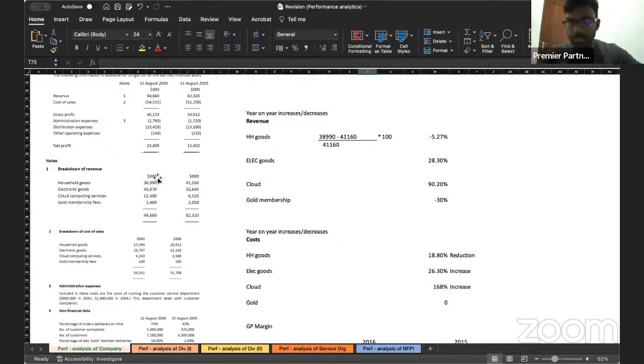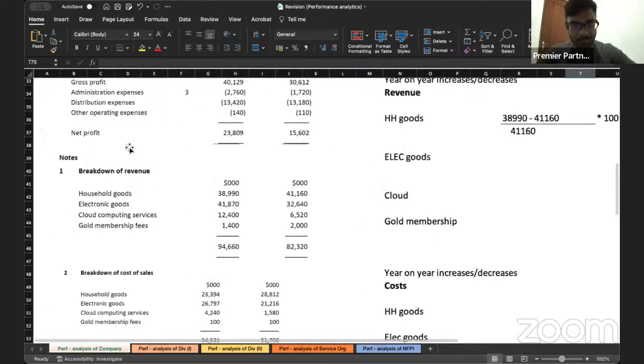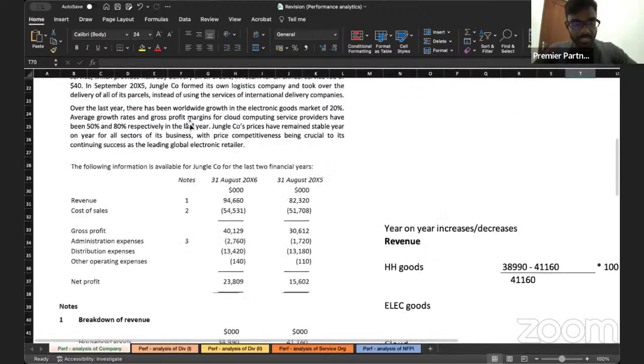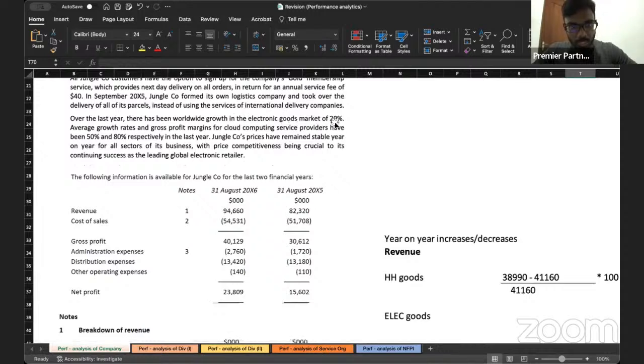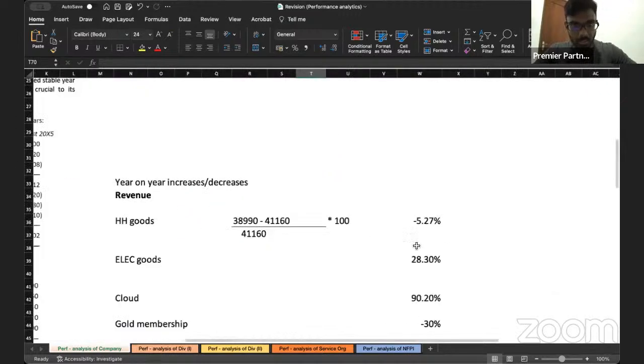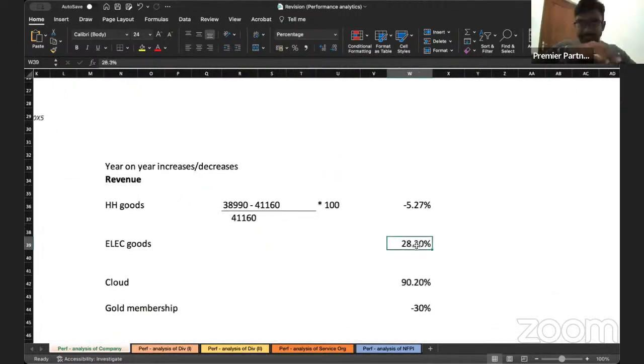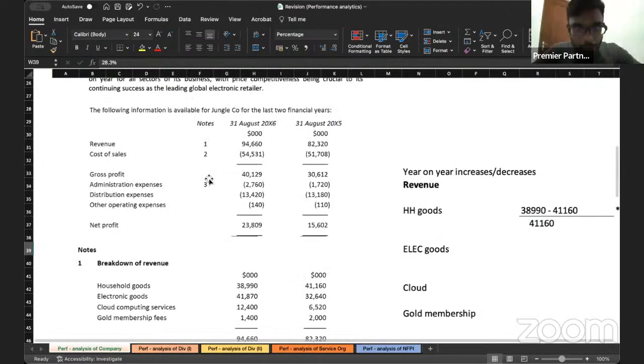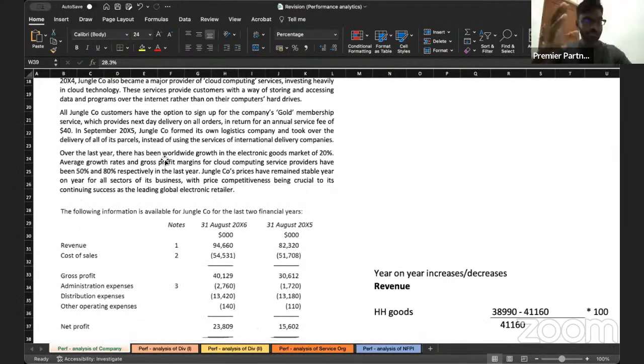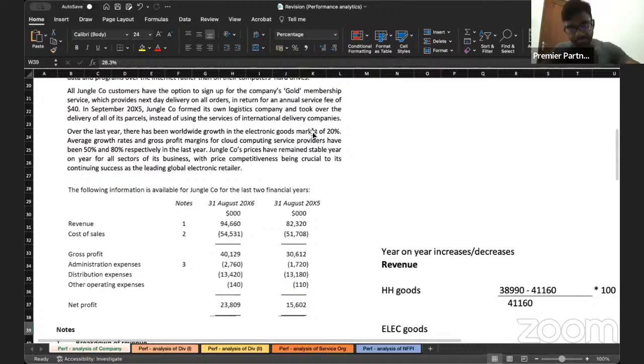People, for example, let me talk about the notable increases, decreases. They say the worldwide electronic goods market has grown by 20%. My sales have grown by 28%. So I have beaten the worldwide growth rate. When they talk about these, they're talking about certain aspects relating to their product portfolio, right?